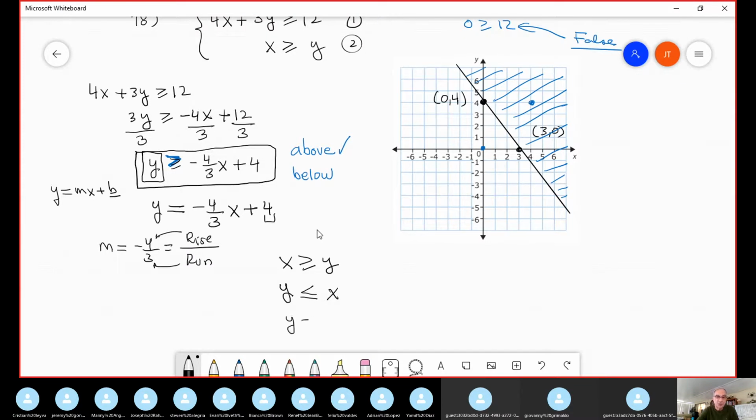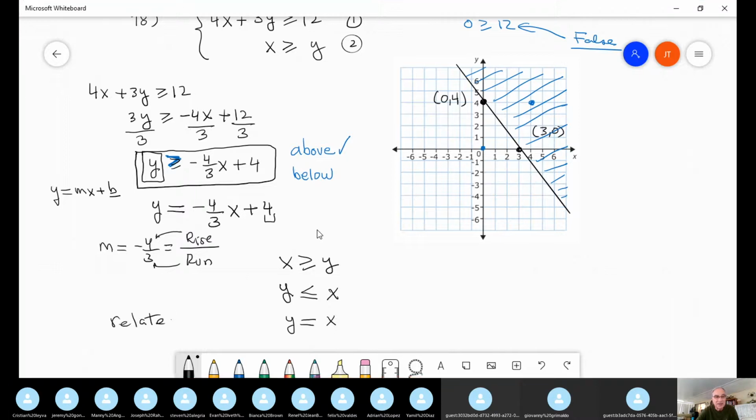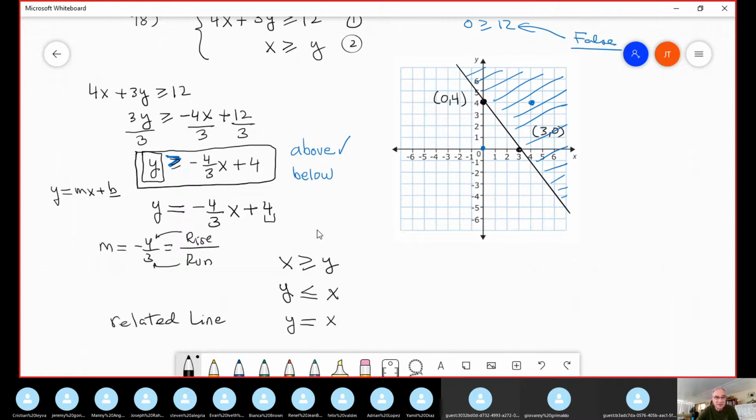Okay, so now I am doing my related line, because it's a family of this inequality. Help me. This is y = x, so no b. No b means this line passes through the origin. Easy: 1, 1.